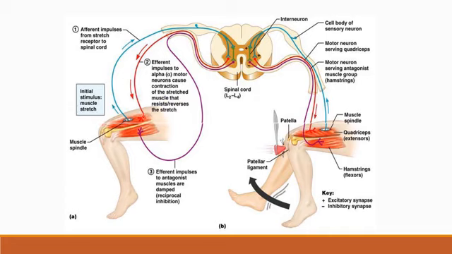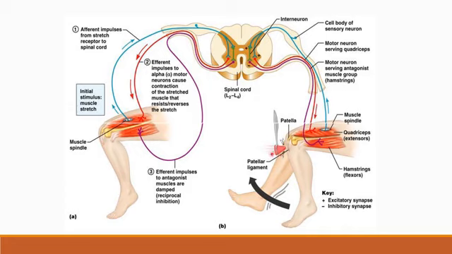So the muscle which resists or reverses the stretch will be contracted. And at the same time, inhibitory interneurons will be activated, that will send efferent impulses to antagonistic muscles, causing reciprocal inhibition.